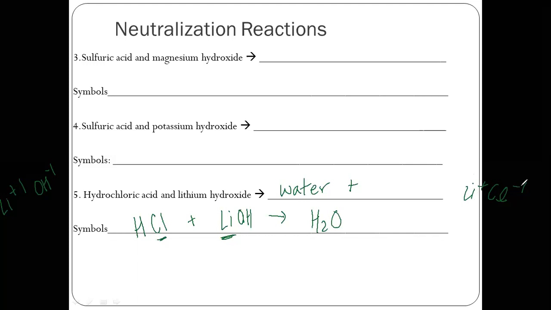Li is +1, Cl is -1, so it's just LiCl, and that is lithium chloride. Okay, so you're going to go back through and check to see if it's balanced. You have 1 Li, 1 Li, 1 Cl, 1 Cl, 2 H's, 2, and 1 O, so we're good.